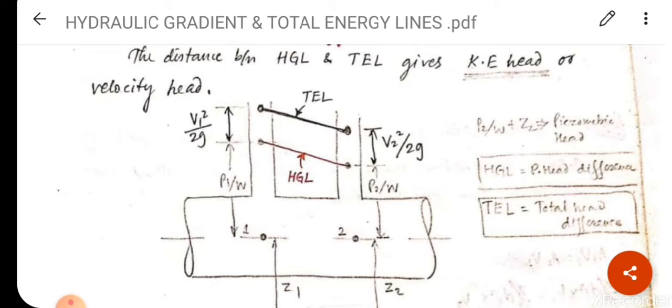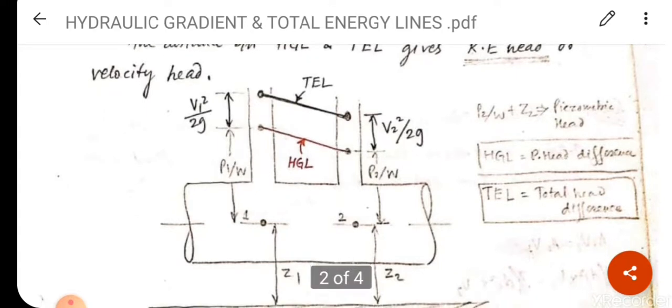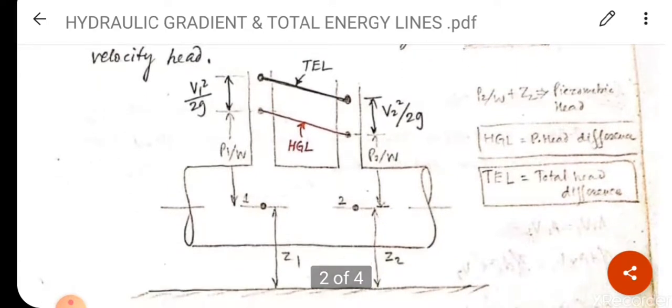For example, fluid is flowing from point 1 to point 2. There is a Z1 and Z2. I have taken one datum line from which point 1 is at a distance of Z1 and point 2 at a distance of Z2.